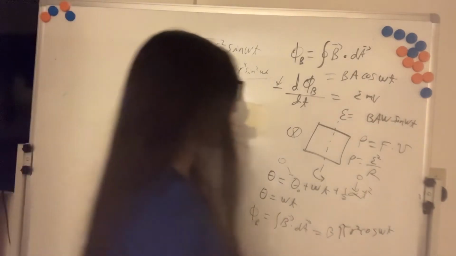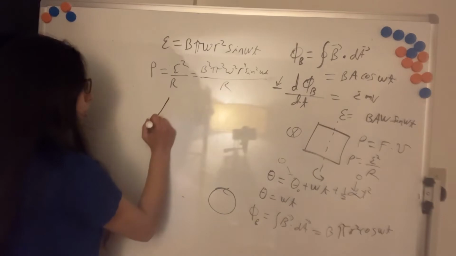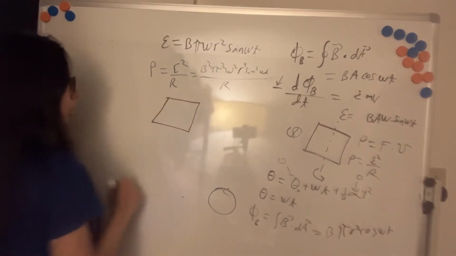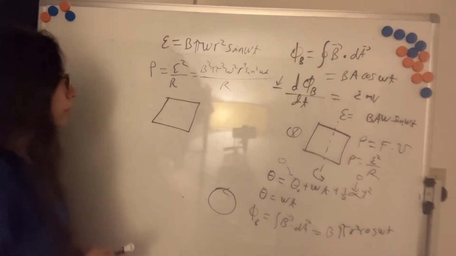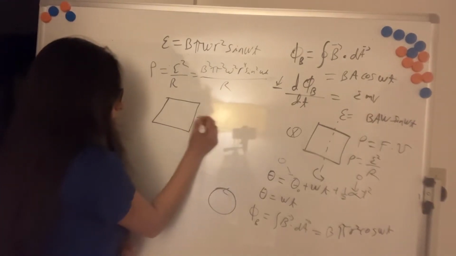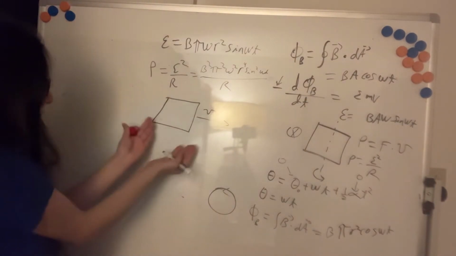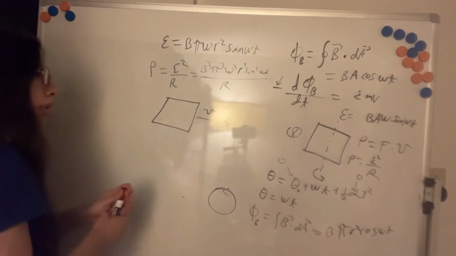Another example is if we have here a surface, let's say like this, and now we will move this bar like this, with some velocity v. We're not changing the area, but we're changing the magnetic field.